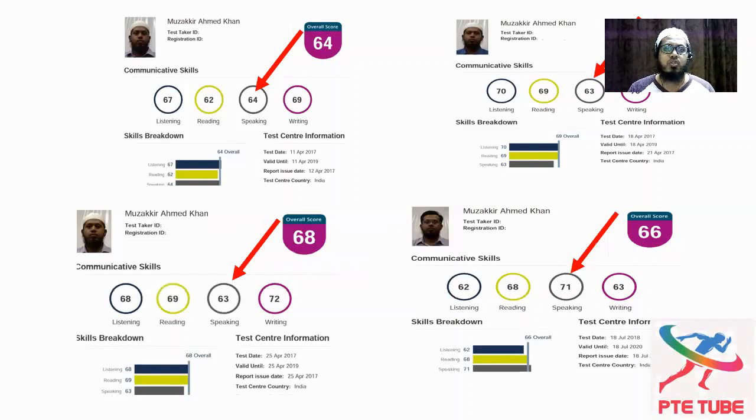Later on, in 2020, I worked on myself and also went to coaching and figured out where exactly I'm committing mistakes. I got a review, I got the feedback. Then I figured out what exactly the mistakes were that I'm committing. Now you can check my score. I have given 4 attempts, out of which I got only 3 report cards. In this particular attempt, my speaking is 90.